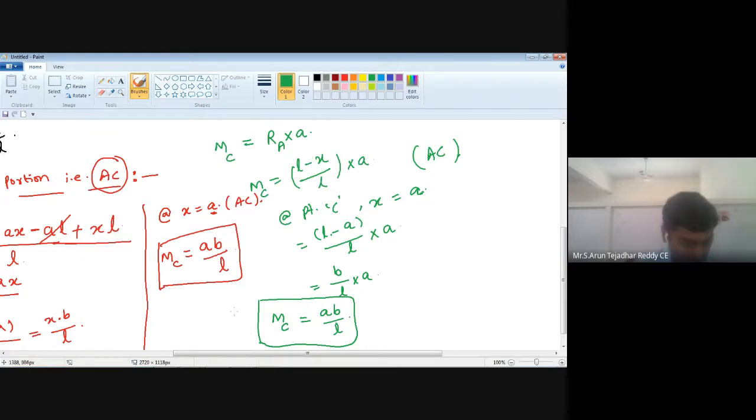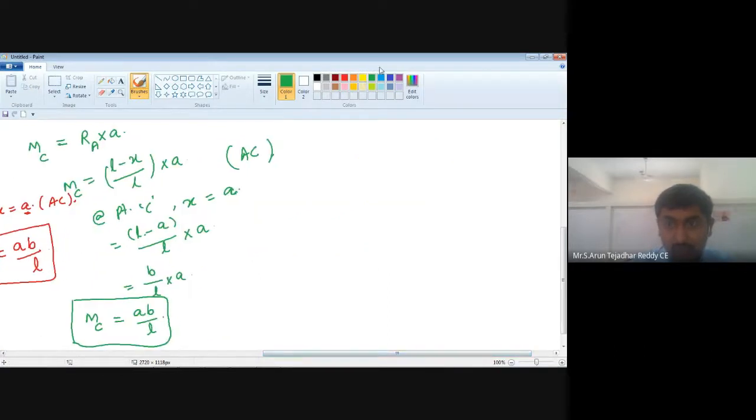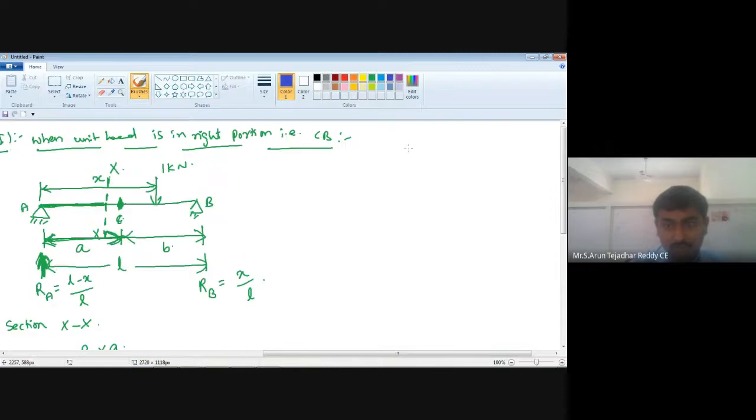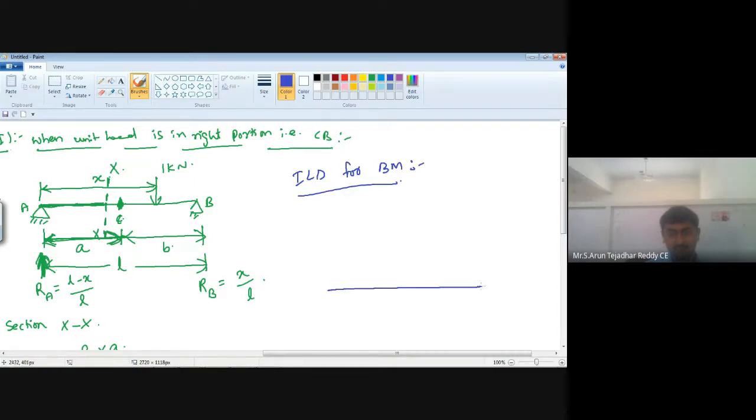Okay. Now, ILD for bending moment. It means draw the bending moment diagram for ILD. A, B. Somewhere here we have C. See our first unit load.